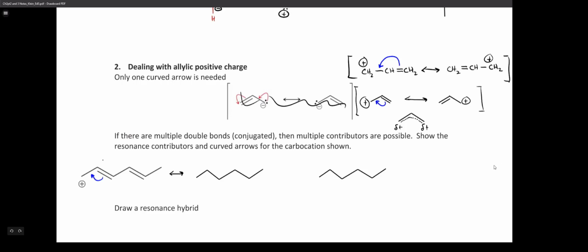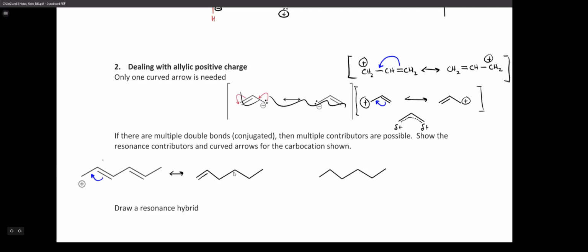So we would now have a double bond here. The carbon had 3 bonds before, right? It had 2 hydrogens. That carbon now has 4 bonds, so it is neutral. Did anything change to this double bond over here?